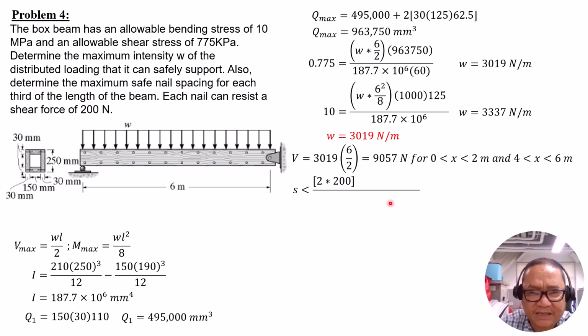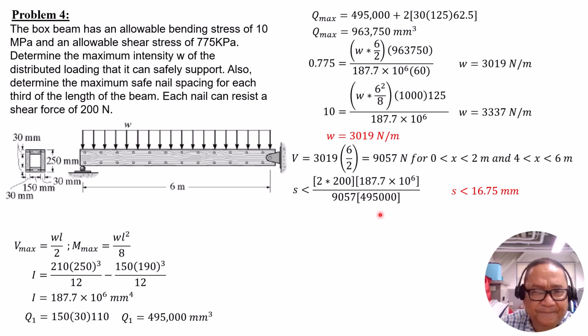So S should be less than or equal to R, which is 2 times 200 newtons, since there are 2 nails, then the quantity I, 187.7 times 10 to the 6, over the shear force for that section 0 to 2 and 4 to 6, 9057. Then the Q of this area here, which is Q1, 495,000. So S should be less than 16.75 mm.